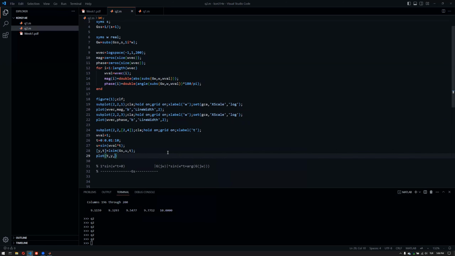Plot t, y, line width 2, maybe also another color here, blue. And that's it basically.